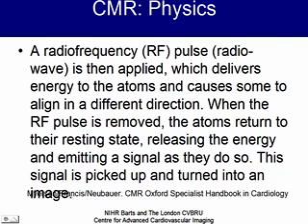And then we apply a radio wave, which delivers energy to these atoms. That causes some of these atoms to align in a slightly different direction. And when the RF pulse is then removed, the atoms return to their resting state, thereby releasing some energy, which we can pick up. That signal we pick up is turned into the images, which is still a very complex process.